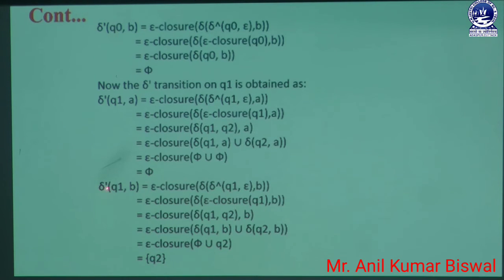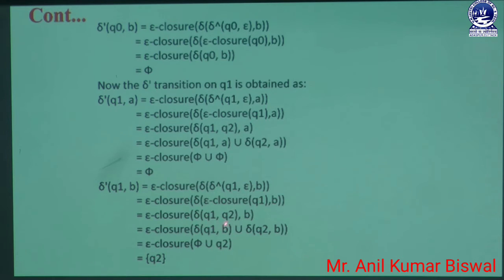Similarly, when we put input symbol B to state q1, we find its epsilon closure: epsilon closure of transition of q1 epsilon, comma B. The transition of q1 epsilon gives the epsilon closure of q1, comma B. Then we calculate this transition, which we already mentioned here.